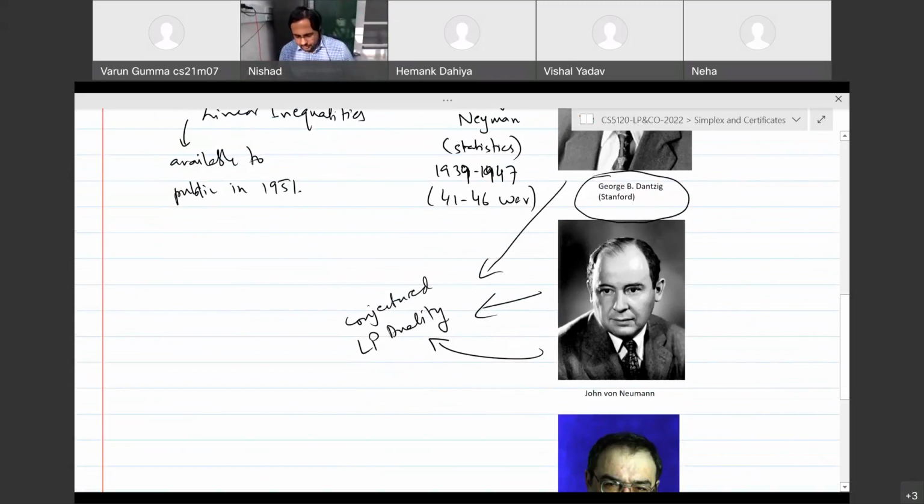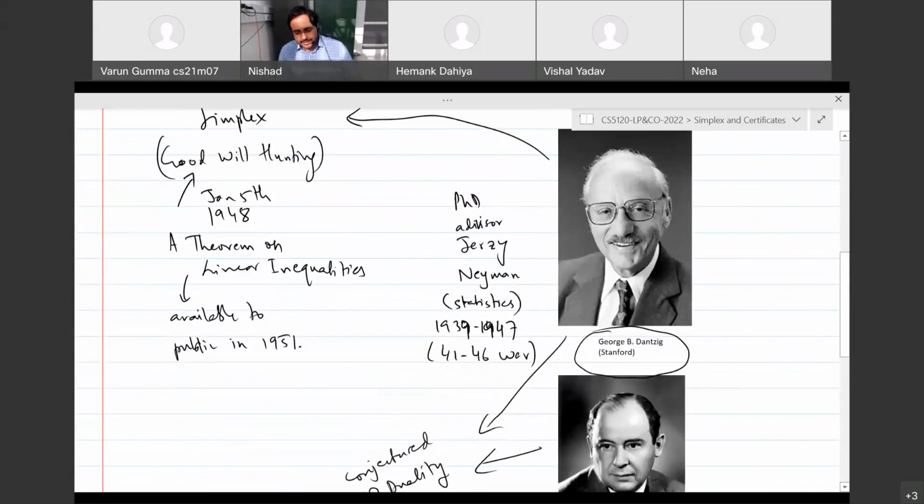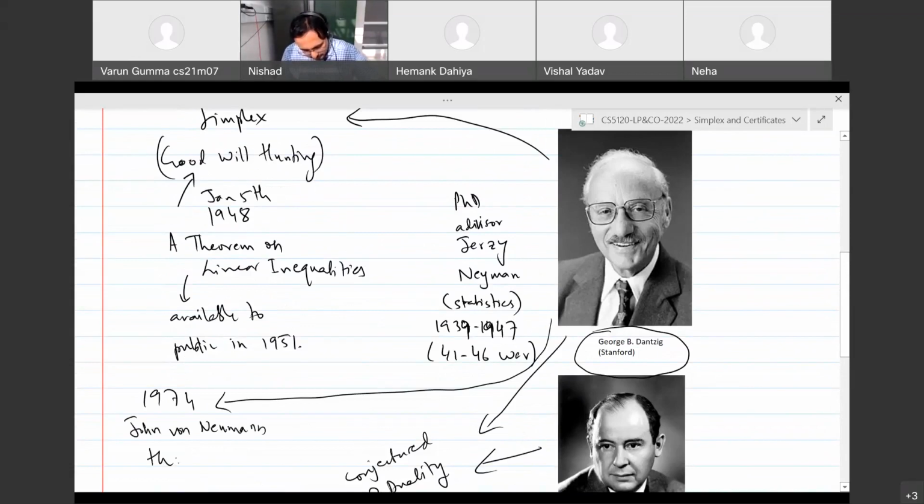Or maybe I'll mention a few things about, yeah. So, George Danzig got the John von Neumann Theory Prize in 1974. It was awarded to George Danzig. He was the first recipient of this award.